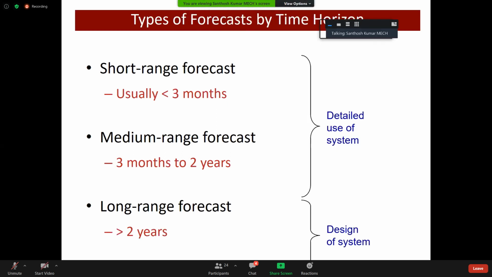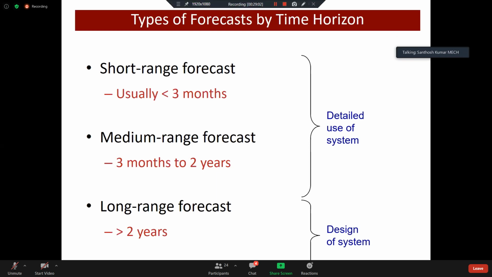In the starting two forecasts, we run the projects and handle any deviations or the actual manufacturing process, so detailed forecasting can be done in these two. But the last will be only the design of the system.